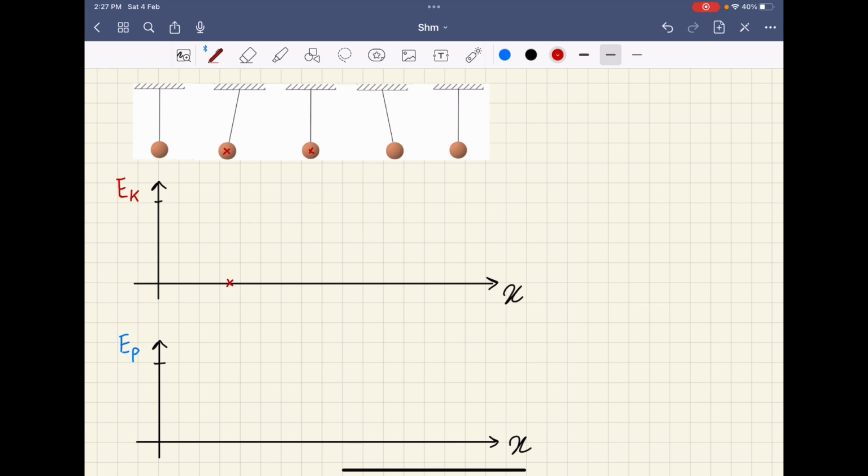So at the equilibrium, we will have maximum kinetic. Once again, maximum displacement will give us minimum or 0 kinetic. Equilibrium position will show us a point where we have a maximum velocity. And the graph will look something like this.